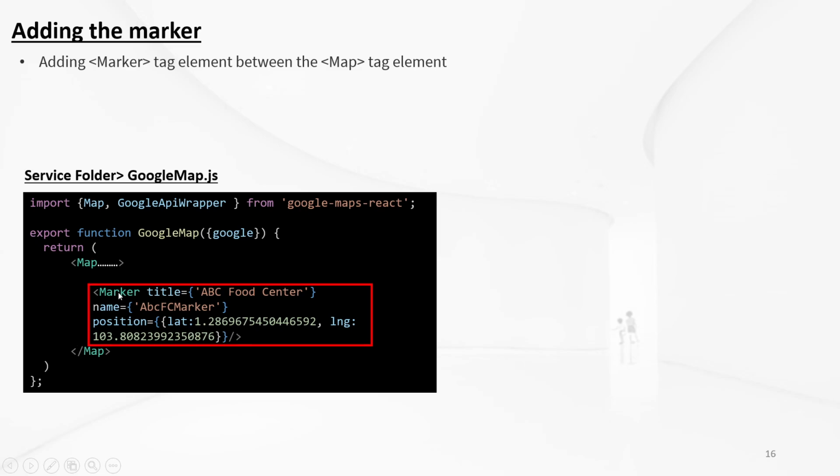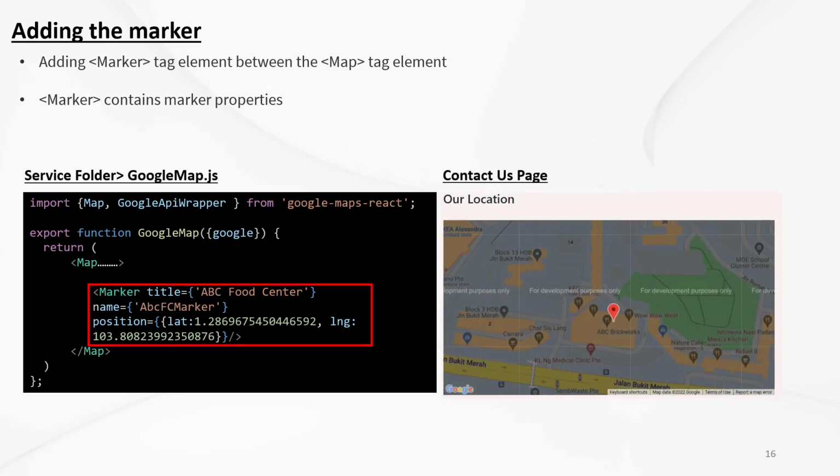So in this map tag element, we insert the marker tag element, and this marker tag element will contain properties such as the name, title, and coordinates of the marker. So we are done, and once it renders, it will display the marker on the map.